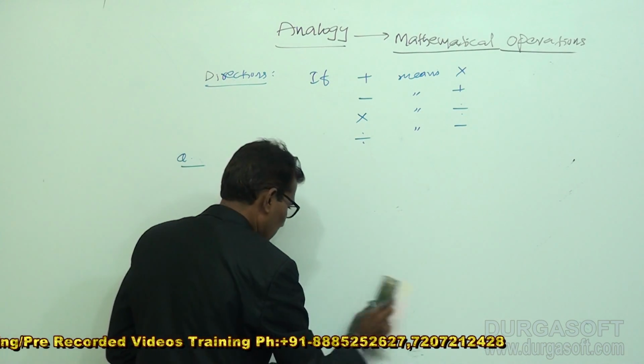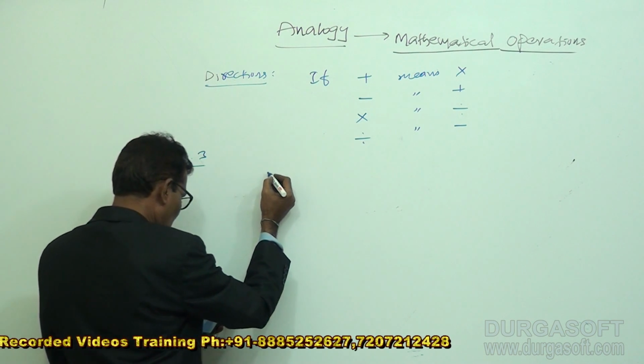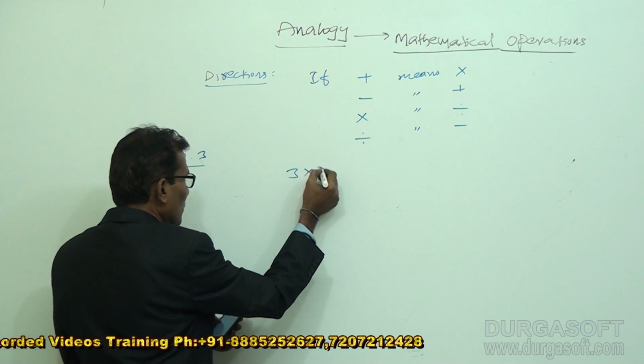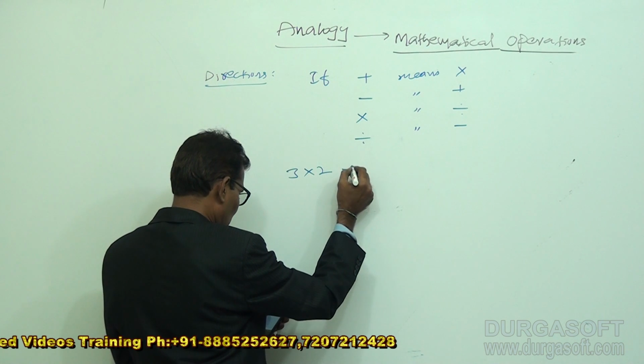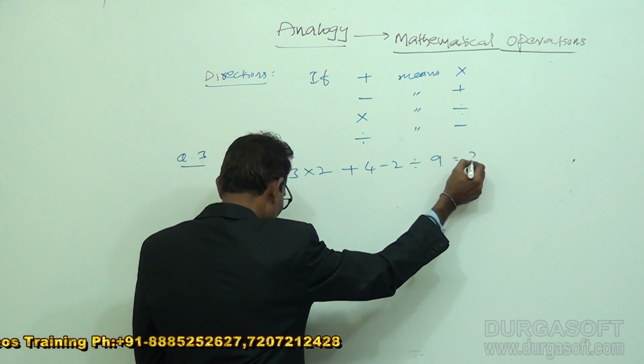Question number 3. Here it is 3 into 2 plus 4 minus 2 divided by 9 is equal to how much is the question.